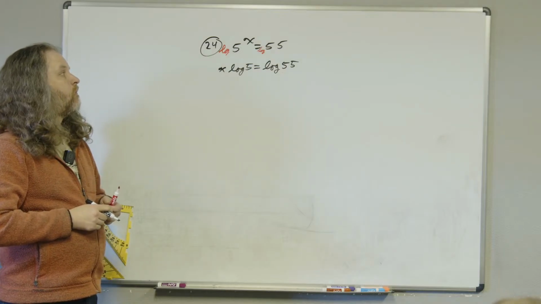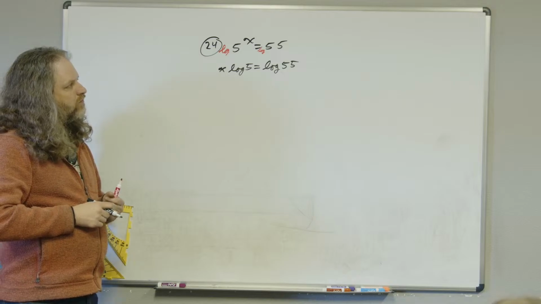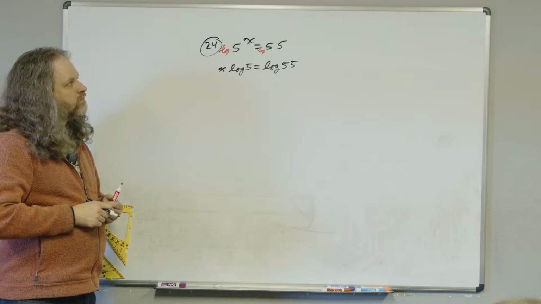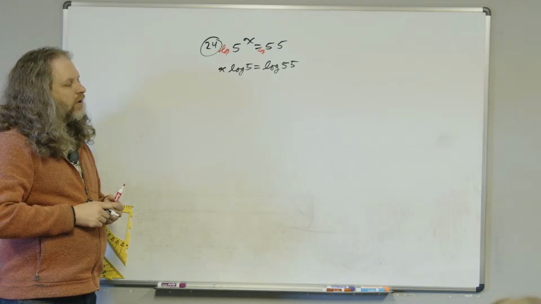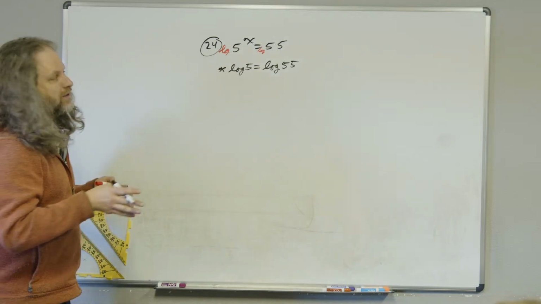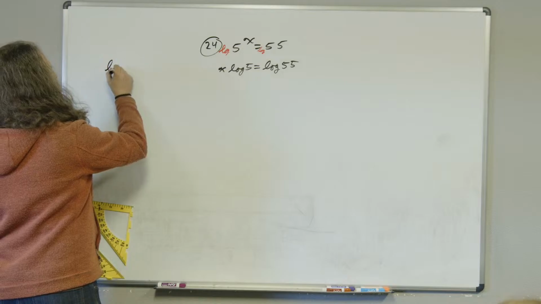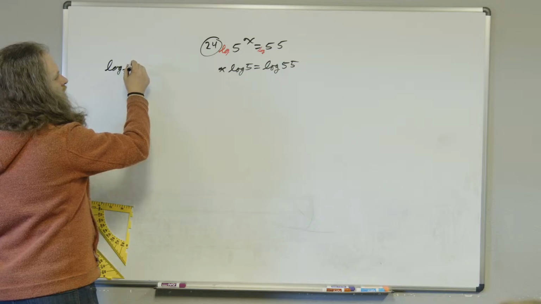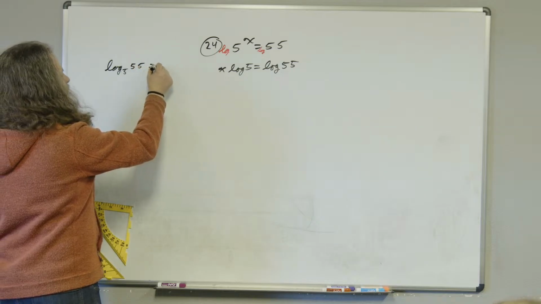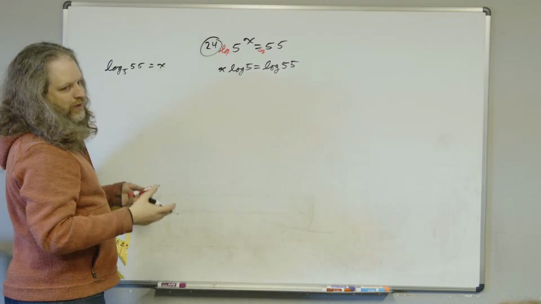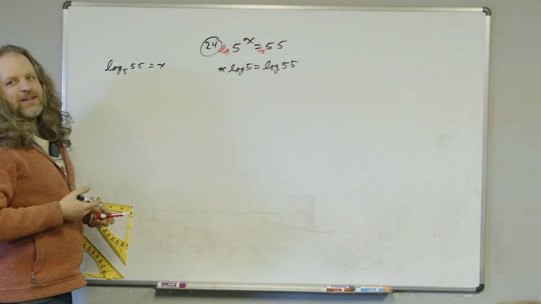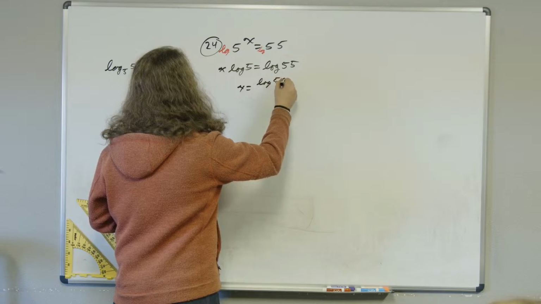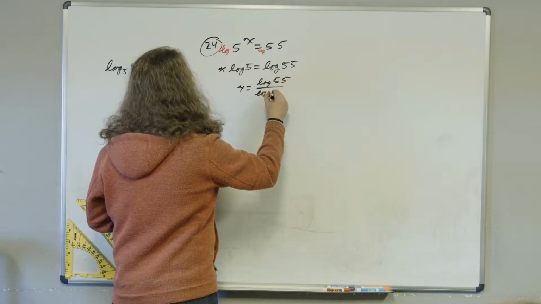Couldn't we do the log base 5 of 55 equals x, because that's what we learned? Okay, so if you did what you're suggesting and turned it into the log base 5 of 55 equals x, then in order to solve that, you would have to use the change of base formula and turn it into x equals the log of 55 over the log of 5 anyway.